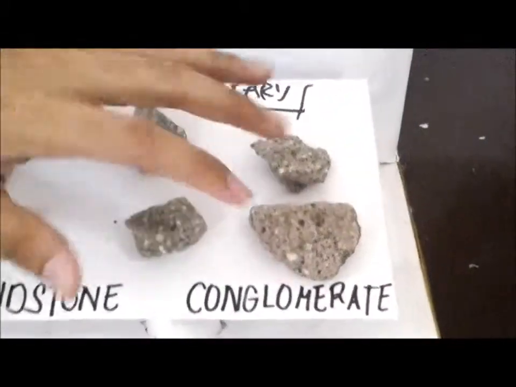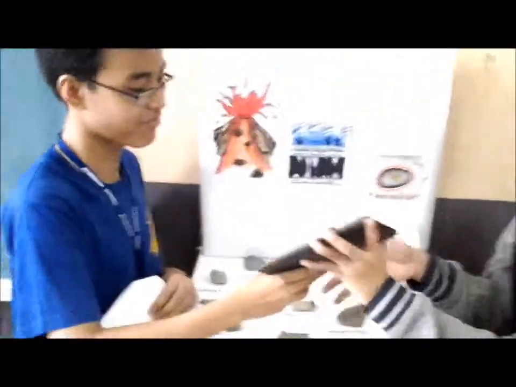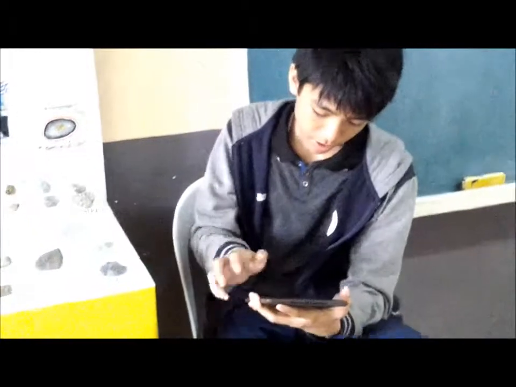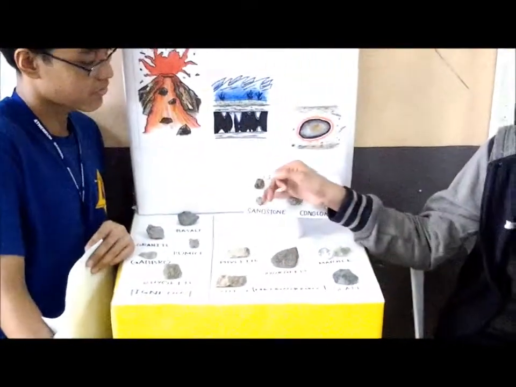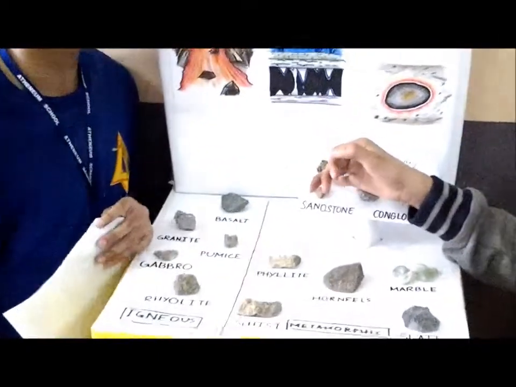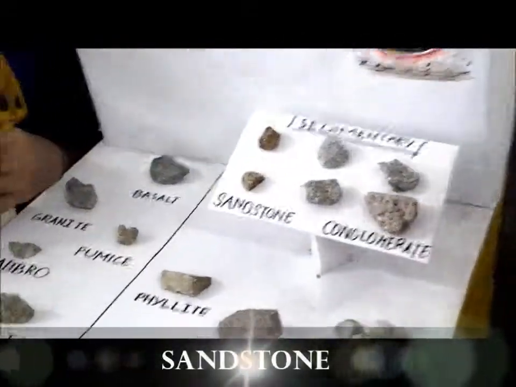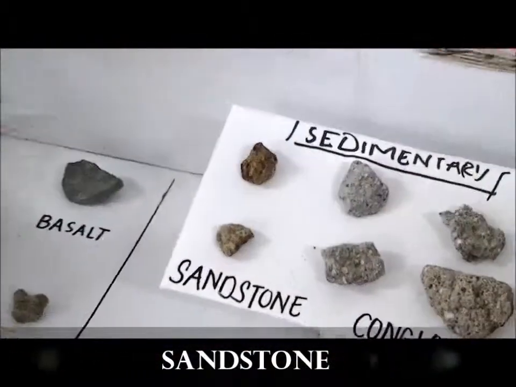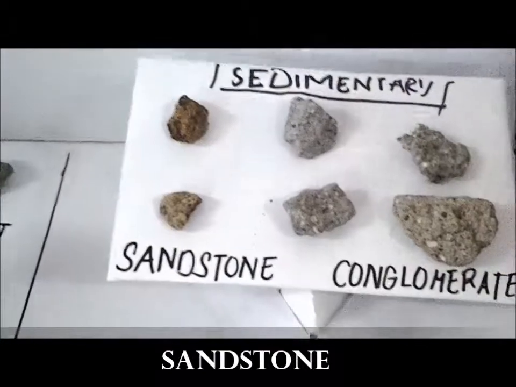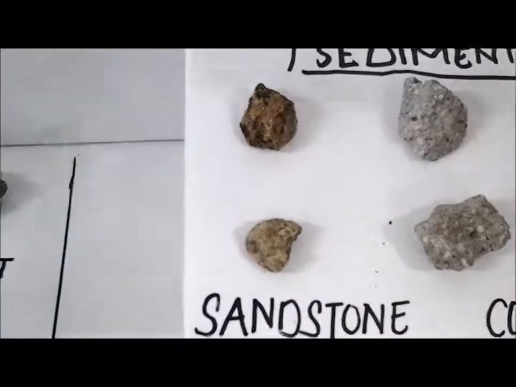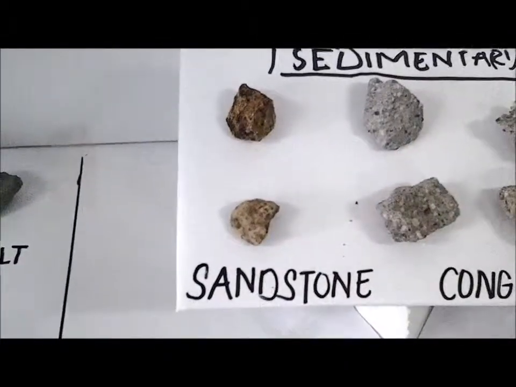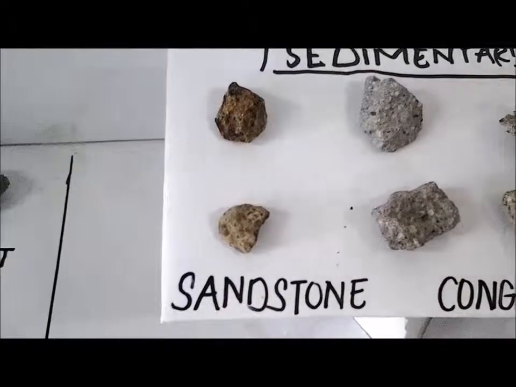That's right. Now, let's talk about the other ones. The other one is sandstone. Sandstone is a clastic sedimentary rock made up mainly of sand-size particles. Kind of looks like sand. It does. It's made up of sand. The name says it itself, right? Yes, sandstone.